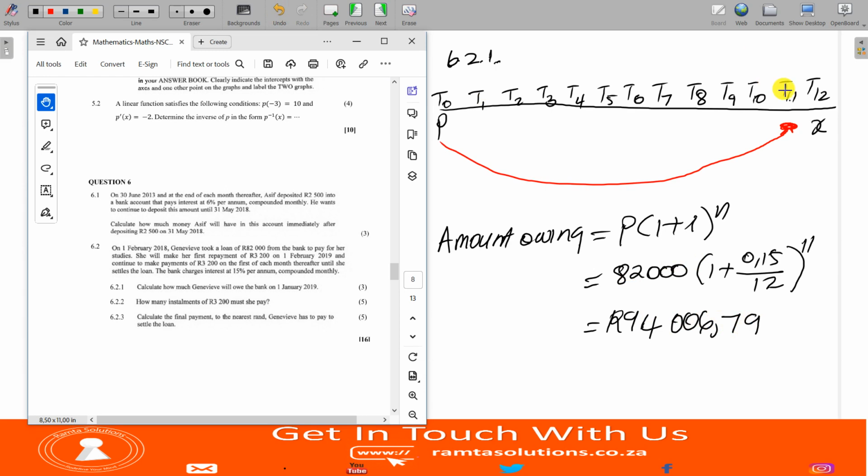This is what she's owing on January 1, 2019. This is 11 months later.